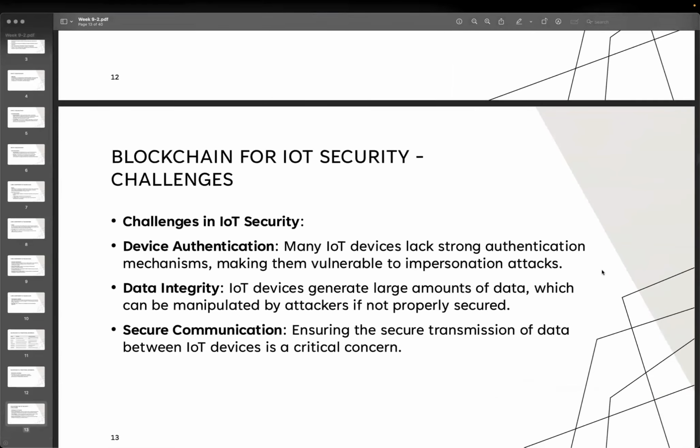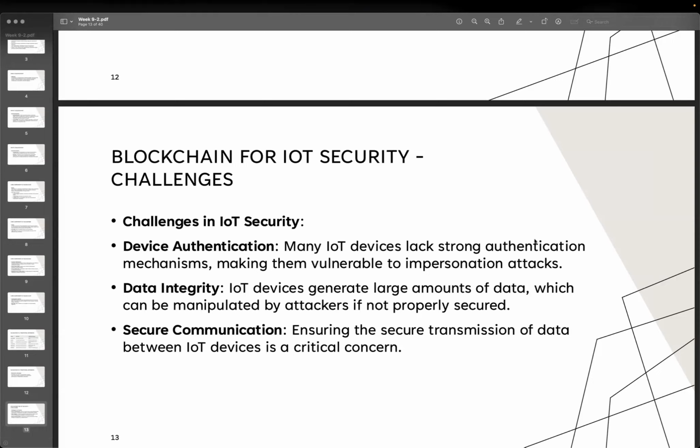So how can we fit this in? This goes back to what we covered in previous lectures, the IoT security challenges. For data authentication, many devices lack a strong authentication mechanism, which makes them vulnerable to impersonation attacks. For integrity, they generate a large amount of data that can be manipulated by an attacker without a proper secure way.